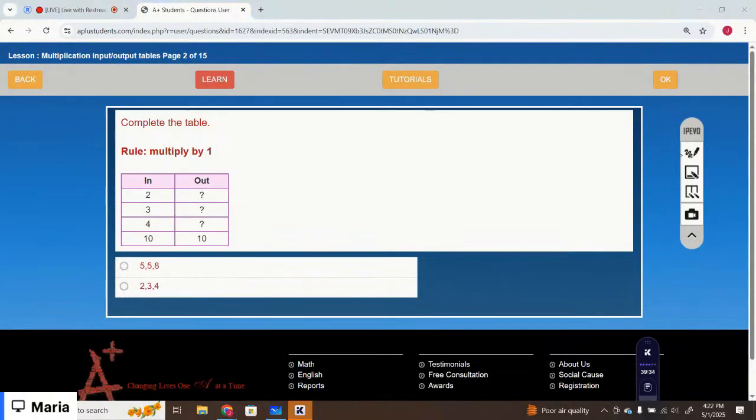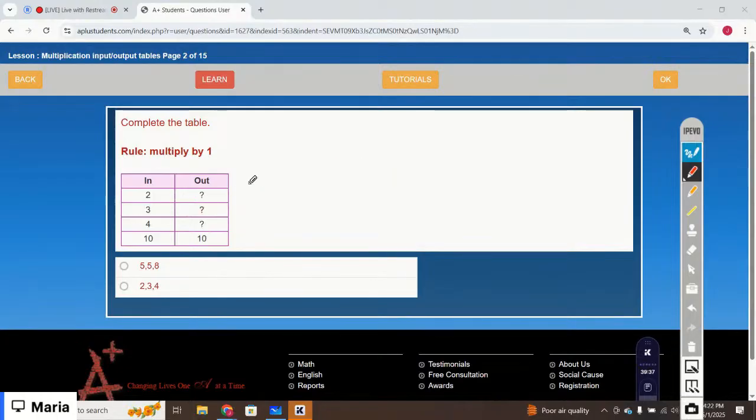Complete the table. Multiply by 1. So you have to multiply by 1. When you multiply by 1, the number stays the same. 2 times 1 is 2. 3 times 1 is 3. 4 times 1 is 4. And 10 times 1 is 10.